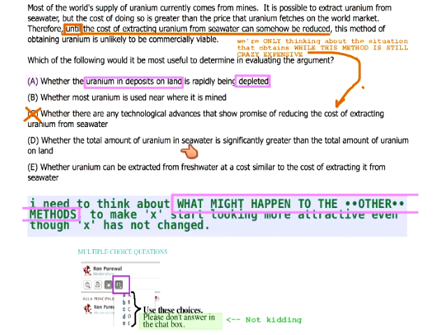Because the cost is what it is, right? If you pick D, then your thought process in your head might be something like, well, maybe if there's a ton of stuff in C, then that will bring down the cost. Remember, you can't think about that because the cost is high. And we're only thinking about the situation when the cost is high.